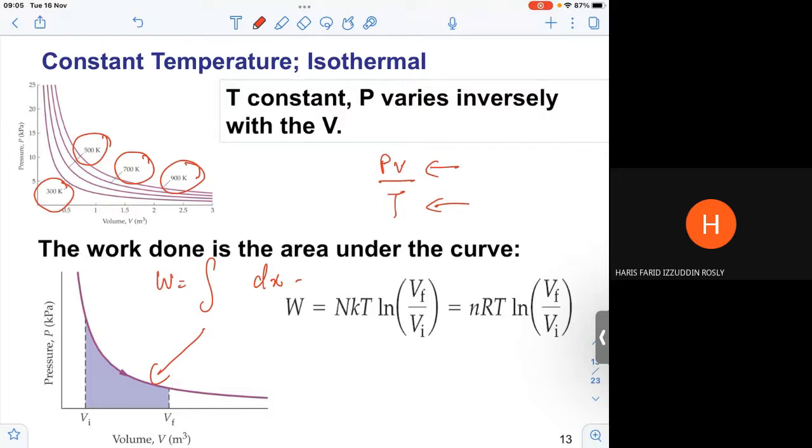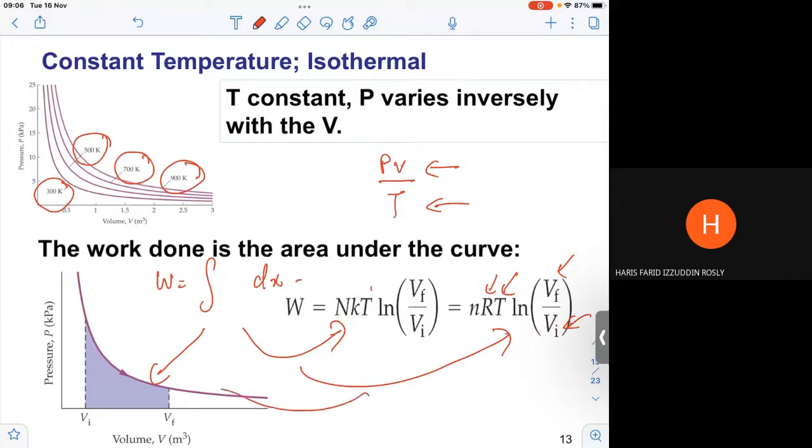But at your level, they have simplified all the equations so that you will only see either W equals nkT ln V final over V initial, where n is the number of moles, k is the Boltzmann constant, and T is the temperature, or maybe W is equivalent to nRT ln V final over V initial, where R is a constant. That depends on the situation.